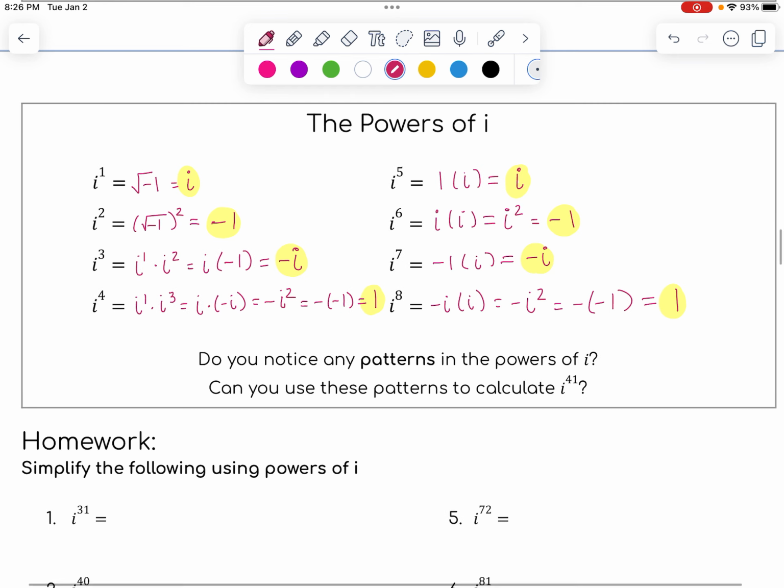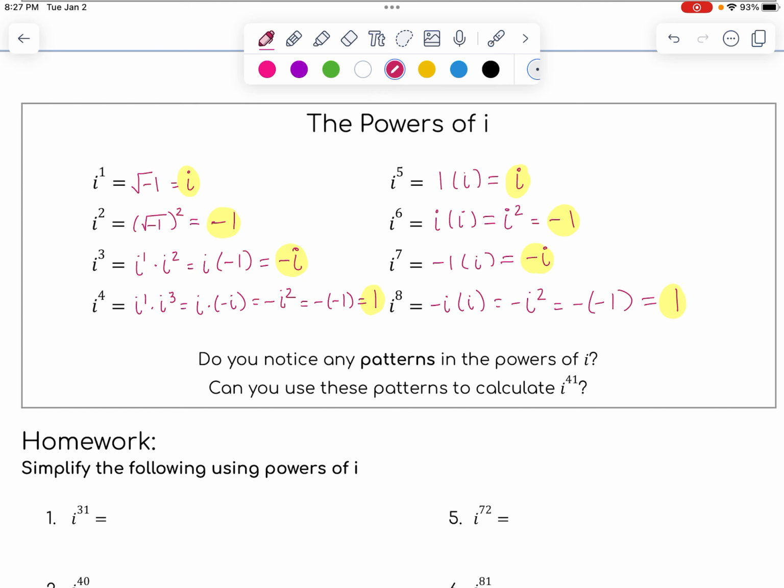So this pattern repeats forever and ever. Every i to any power can always be reduced to an i, a negative 1, a negative i, or a positive 1. Now this pattern, the way that it works, you're going to have to remember that pattern and how you can use it.